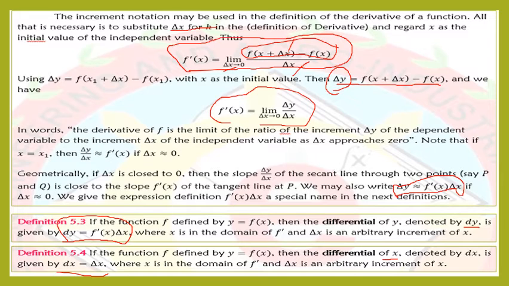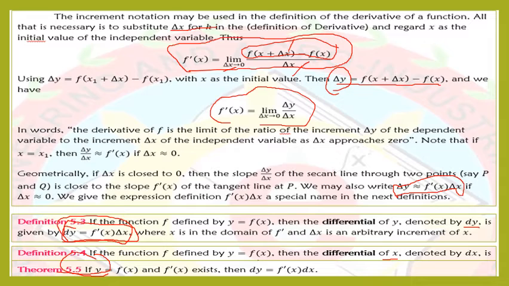So, kailangan familiarize din natin to. dy is equal to f prime of x times delta x. Si dx naman or differential of x is equal to delta x lang. If y equals f of x and f prime of x exists, then dy equals f prime of x dx. Okay, so let's give an example.